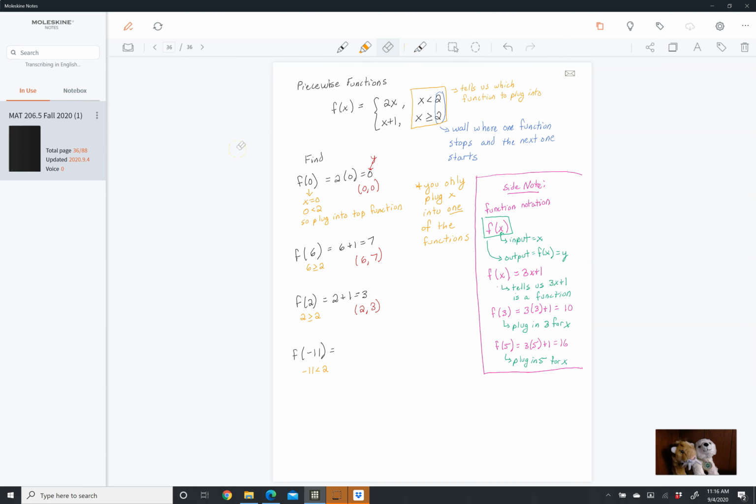So 2 times negative 11 gives us negative 22. Okay, and that gives us a point. Our x value was negative 11, and our y value was negative 22.